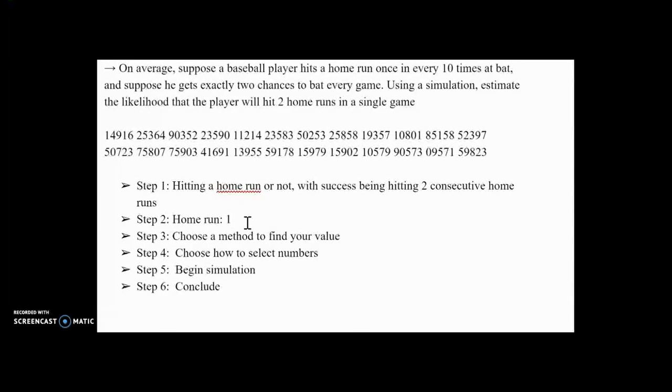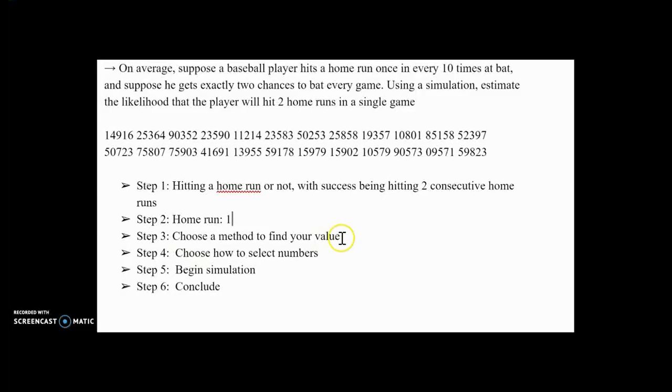I chose single digits because there's a 10% chance of him hitting a home run, and using the number 1 is a lot simpler. You could have picked any number from 00 to 09 as a home run. However complicated you want this to be, you can make it, but make sure the number of digits line up. I'm just going to pick 1 as my home run.